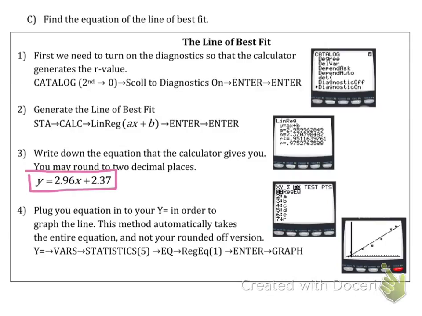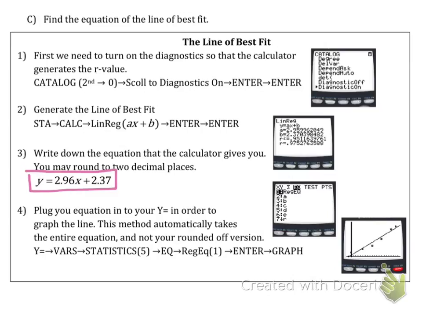Okay, so now finally, let's take our linear regression equation, our line of best fit, and plug it into y equals so that we can graph that line on our scatter plot. Now the best way to do this is to use y vars because this will take your entire equation and not your rounded off version. It'll be more accurate.